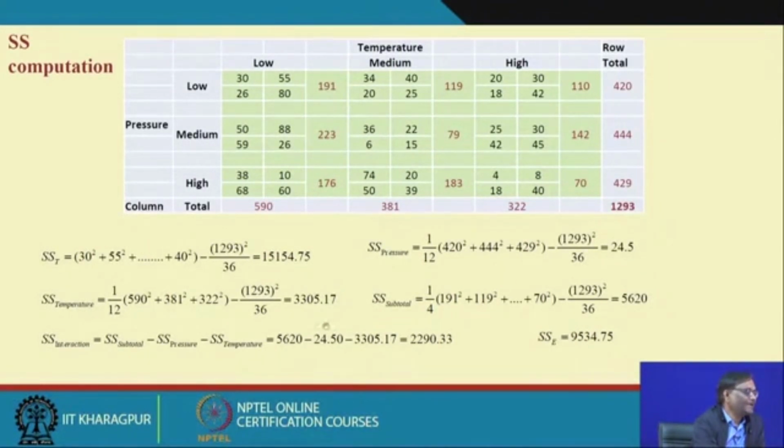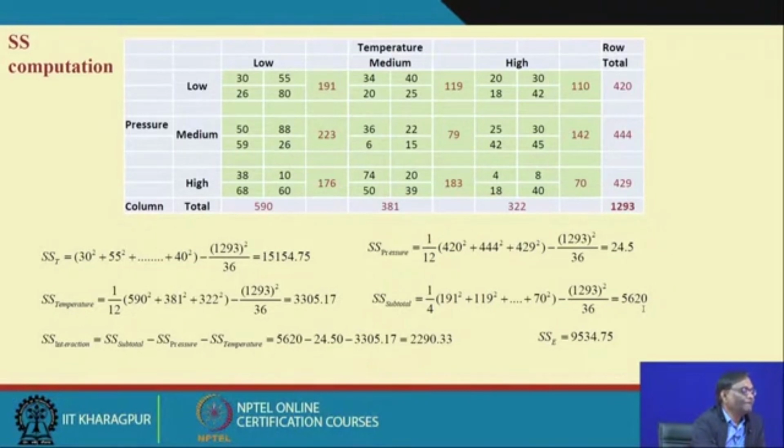In the same manner, the temperature sum of squares is 3305.17. For SS subtotal, considering the 9 subtotals, we have taken 1 by n and all those subtotals minus the correction factor, and this gives you this value.